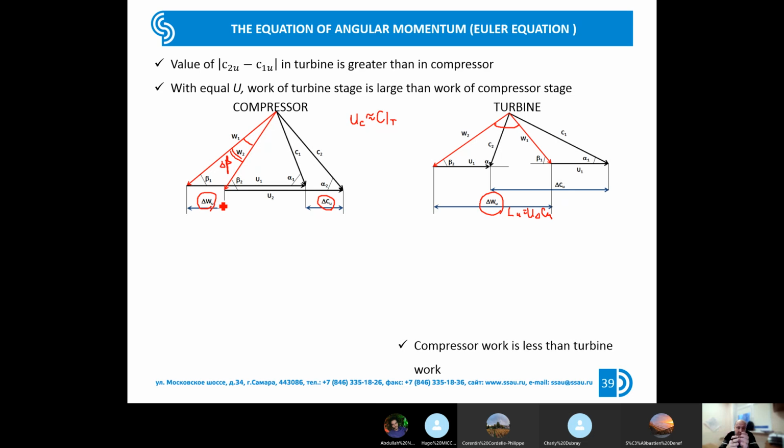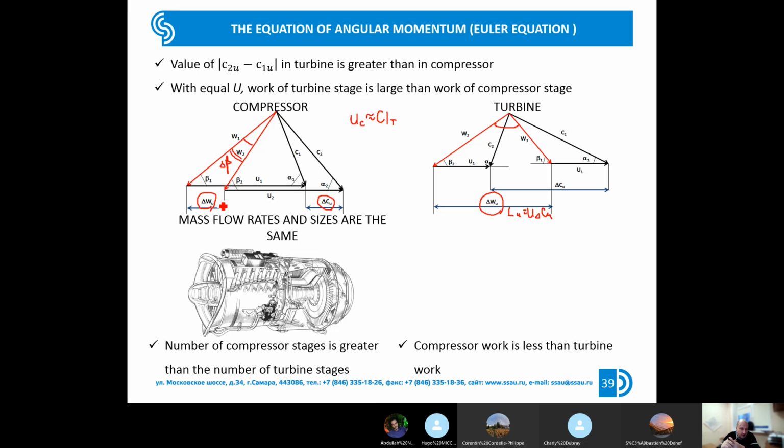without great losses. And that's why we need to use a few stages to supply the specific work which was produced by the turbine stage. That's why finally we receive, in a typical gas generator of a gas turbine engine, one or two stages of the turbine driving a lot of stages of the compressor.